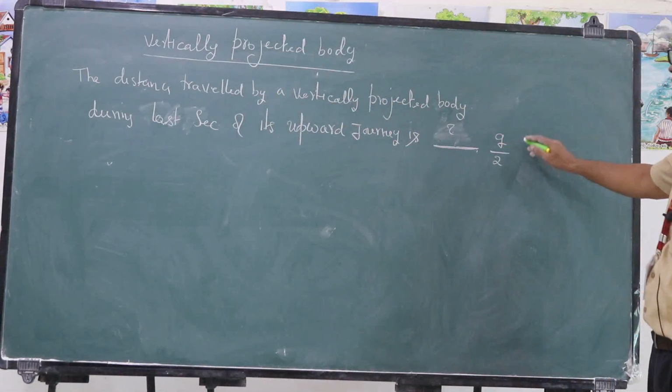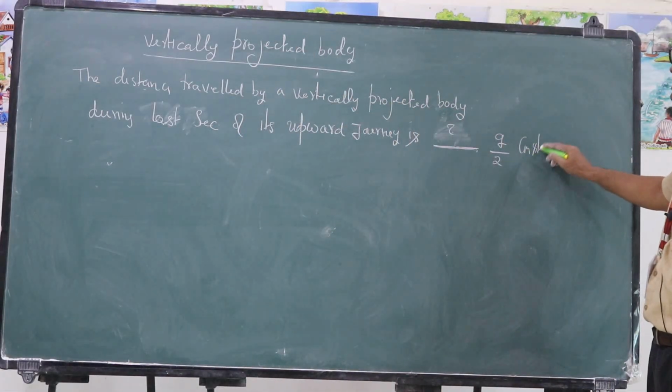Answer is g by 2. It is constant always.